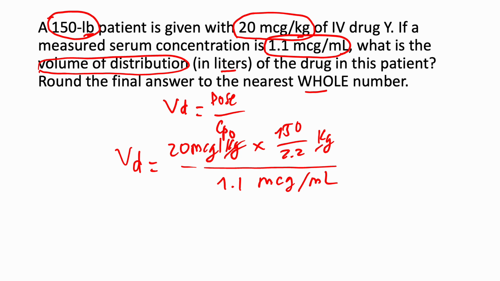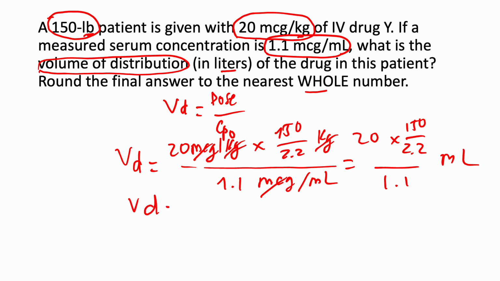So in the units you can cross out kilogram and microgram. Then you will have 20 times 150 divided by 2.2, then divided by 1.1, with units of milliliter. So volume of distribution will be equal to 20 times 150, equal to 3000, divided by 2.2, then divided by 1.1.